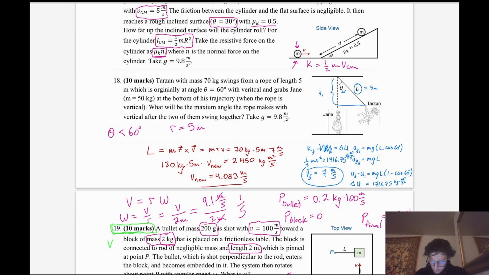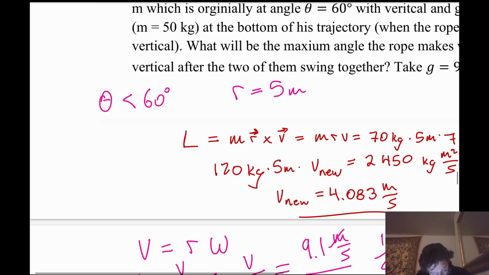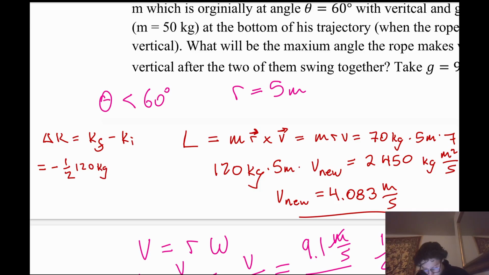Okay, now that we have this new velocity, we can work backwards again and see how much, this is the initial kinetic energy, the final kinetic energy. So, okay, this is the change in K, which is equal to K final minus K initial. K final is going to be 0. So the total K is equal to negative, because there's a minus sign here, 1/2 times the new mass, 120 kg, times this 4.083 meters per second, and this whole thing has to be squared.